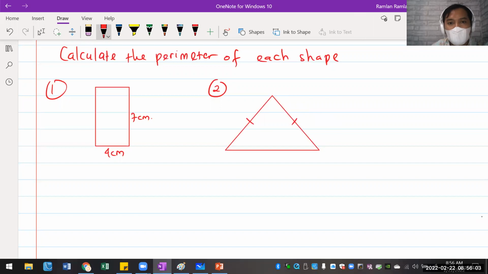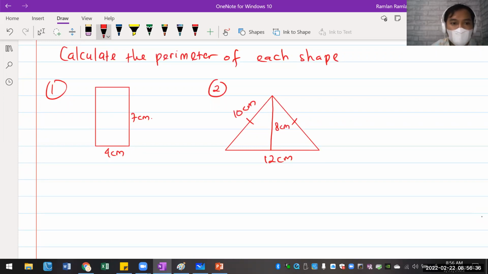Okay, I'm going to try another shape in here. This is 10 centimeter. This is 8 centimeter. And then this is 10, and then 12 centimeter.